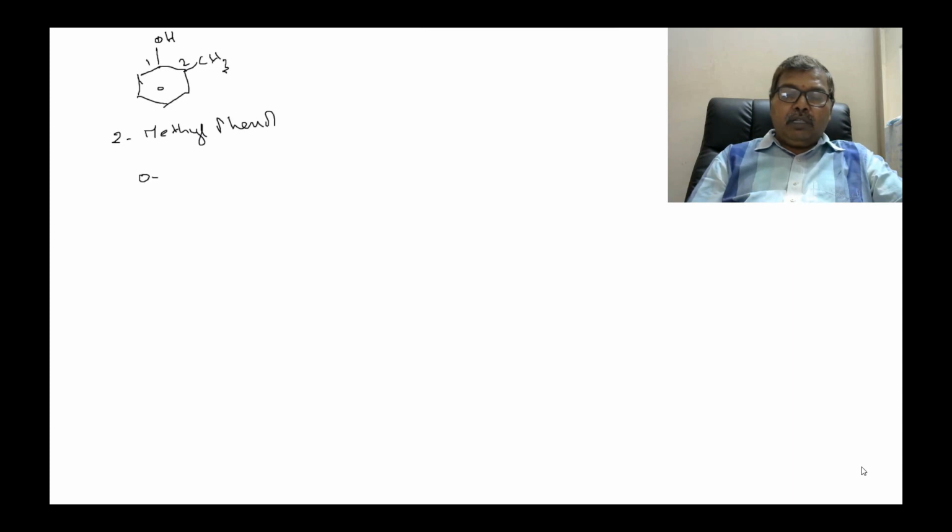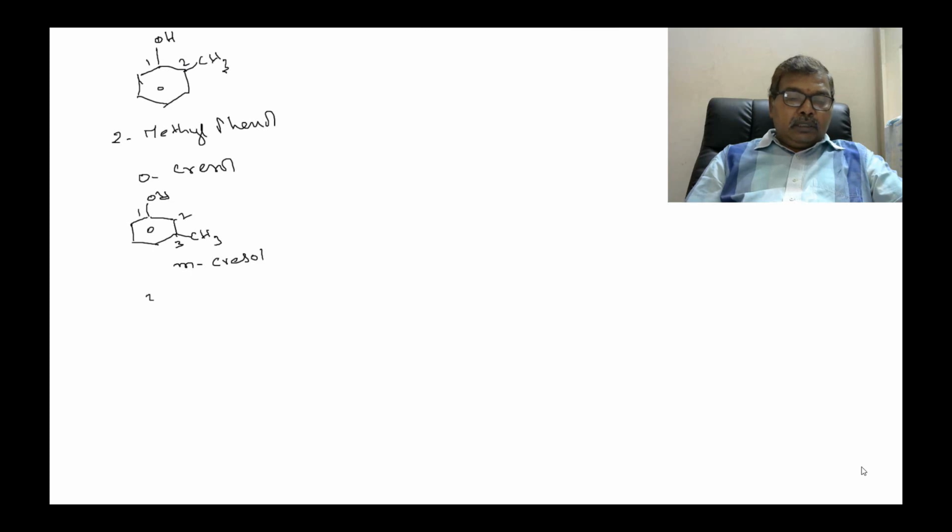This is actually orthocresol. OH, CH3. This is metacresol. So this is one, second carbon, third carbon.